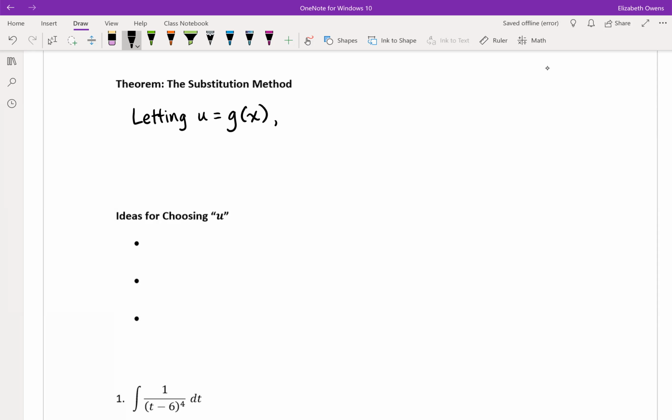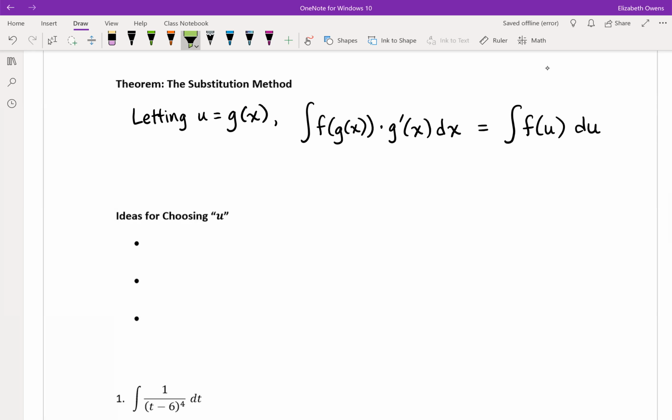So letting u equal g of x, if we want to take the indefinite integral of f of g of x times g prime of x dx, the substitution method says that we can convert this over to a function of u instead. So we're going to take the indefinite integral of f of u du.